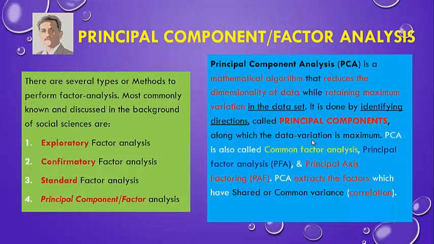It is done by identifying directions, which are called principal components, along which the data variation is maximum. So, principal component analysis is also called common factor analysis, principal factor analysis, and principal axis factoring. PCA extracts the factors which have shared or common variance or correlation.